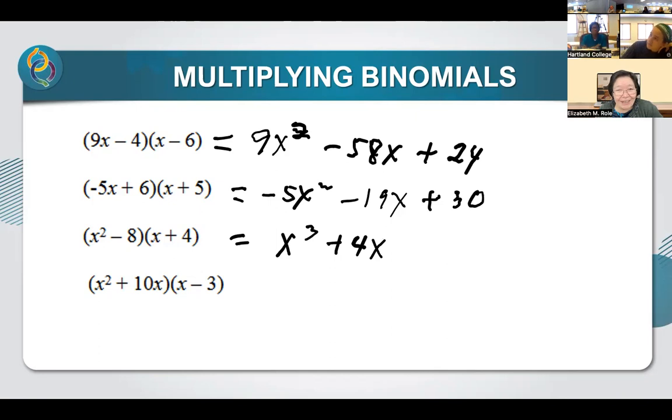So you now have x cubed plus 4x squared minus 8x minus 32. That's one thing with FOIL also. So that when you put your answer, it's already in its standard form where your exponents are decreasing. I think that's the beauty of FOIL.